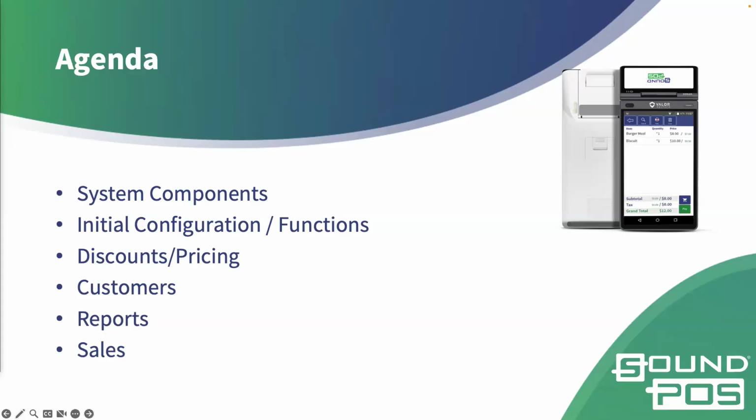Something that not everybody might be utilizing is the customer function, but I think it's important that if you're not utilizing it, you know how it works because something in the future can be applicable and advantageous to your business. We'll look at, of course, some of the reporting as well.